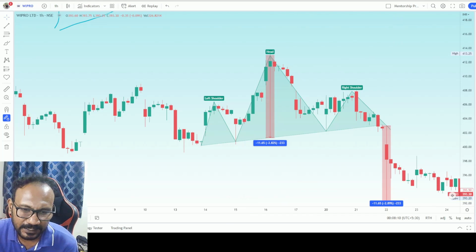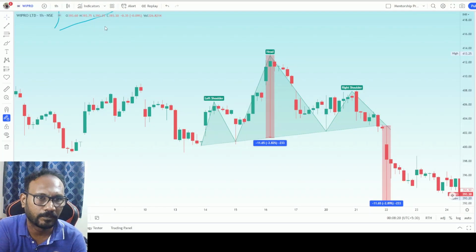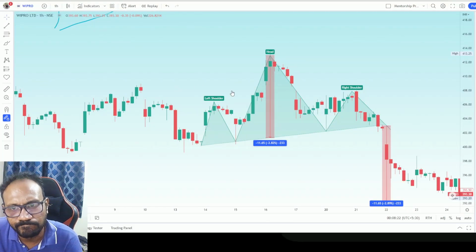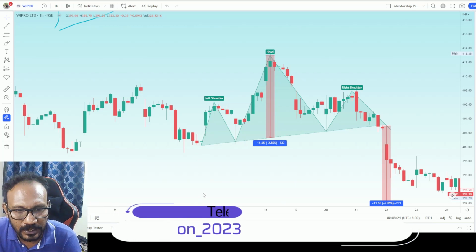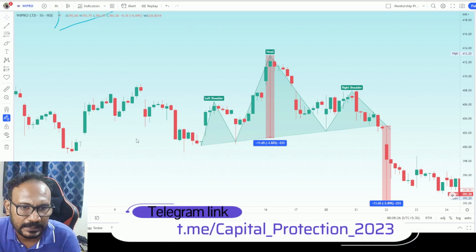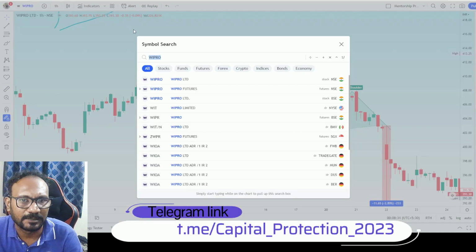So let's start off with the next example. I will bring in the next example. One moment. So the next example here is Tata Motors.